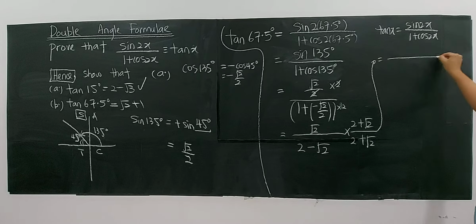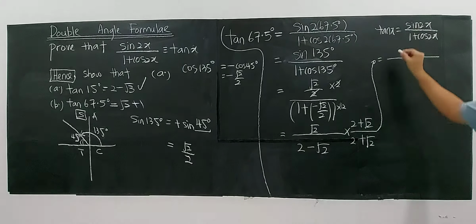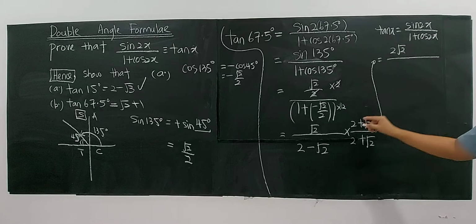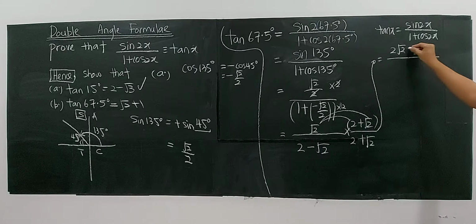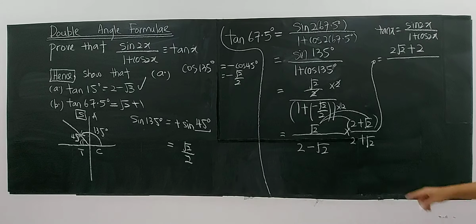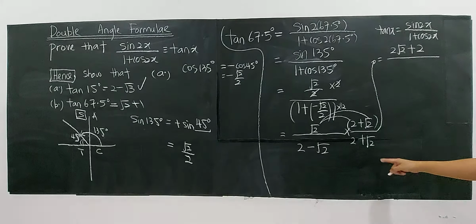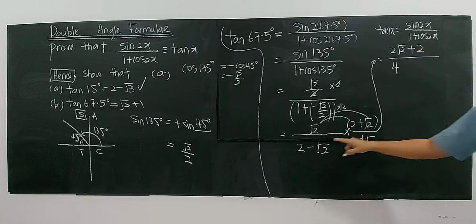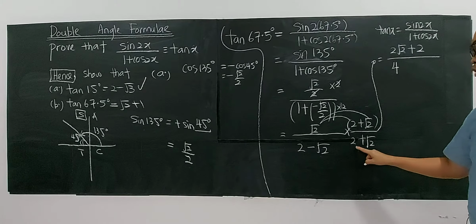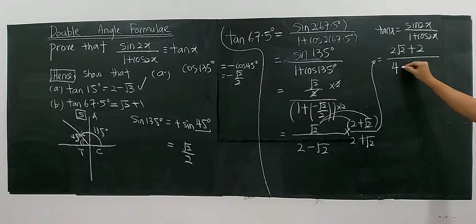So you expand. You are getting 2 square root of 2, and 2, right? Plus 2. And for the denominator, you will have 2 times 2, you have 4. And 2 square root of 2 minus 2 square root of 2, 0. And you have minus 2 here.